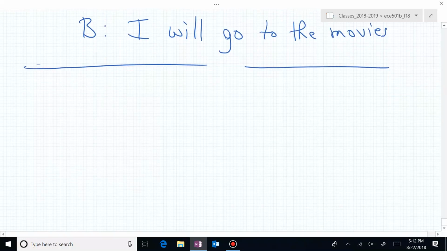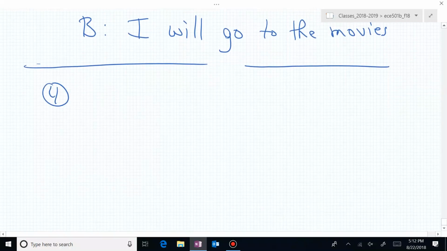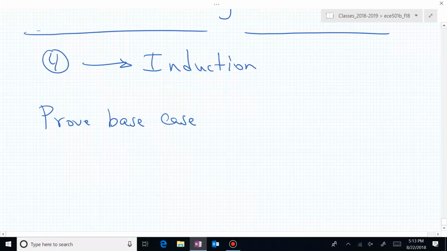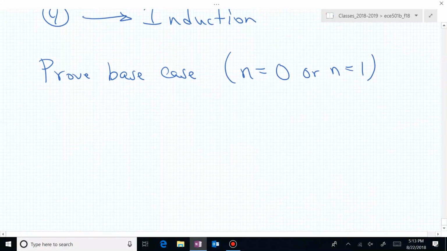So another one might be for proving by the process of induction. Here, to prove something by induction, you essentially prove the base case, where the base case might be n equals 0, n equals 1, or some starting value of little n. So we prove the base case. Then we use the induction hypothesis.